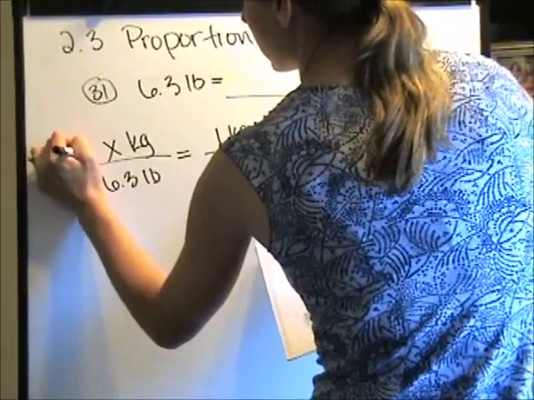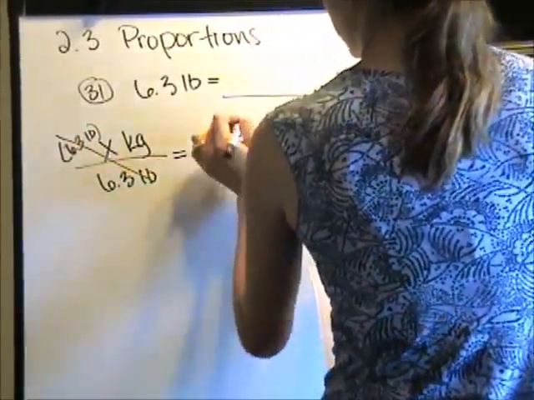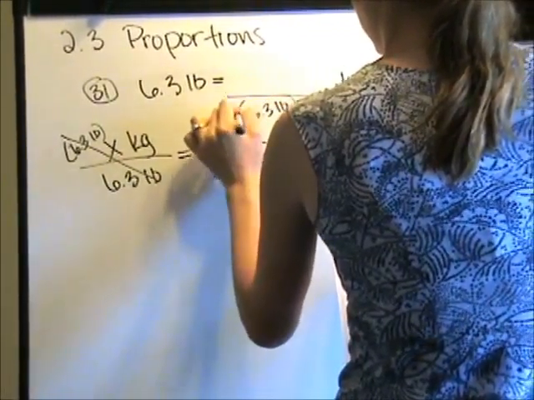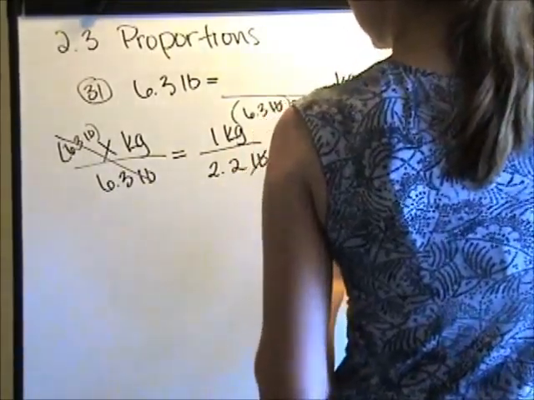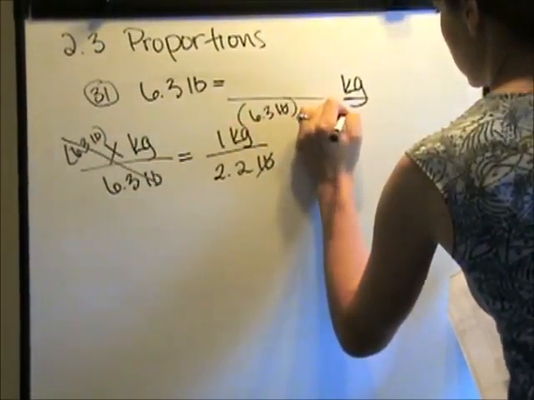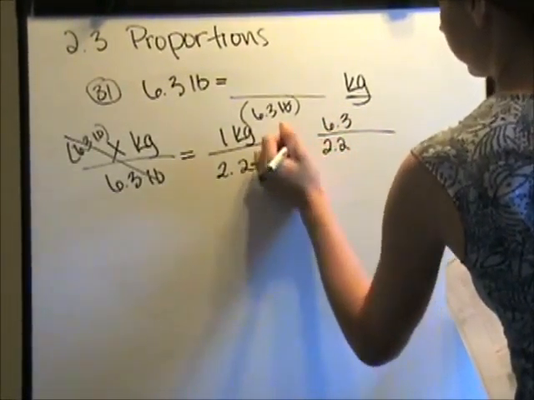So again, 6.3, to cancel those out, 6.3. The pounds are going to cancel out. We're going to multiply 6.3 times 1, which is 6.3, over 2.2.